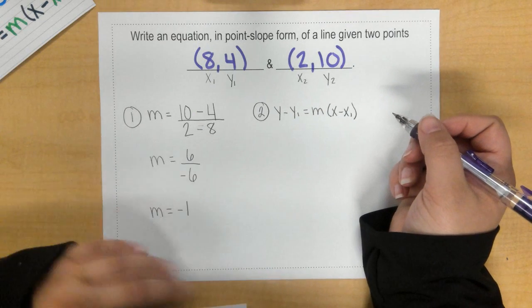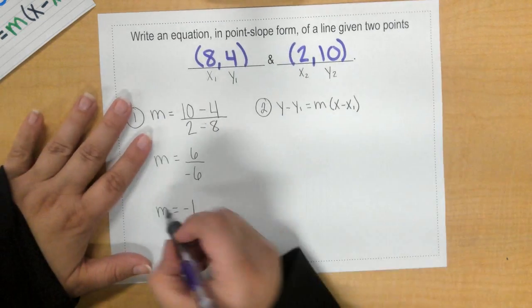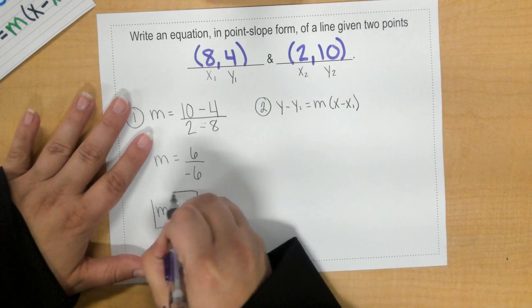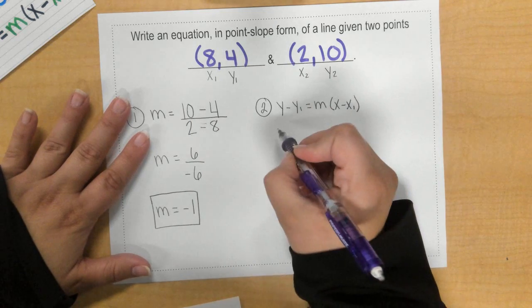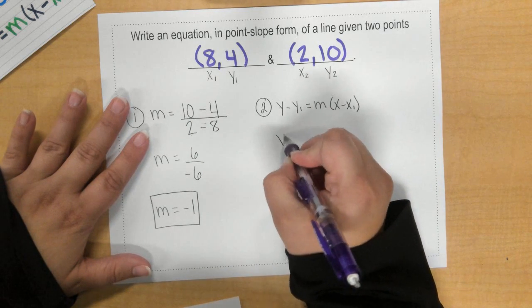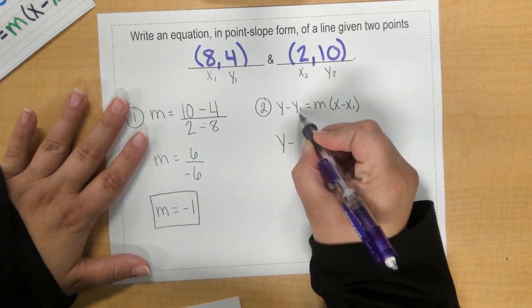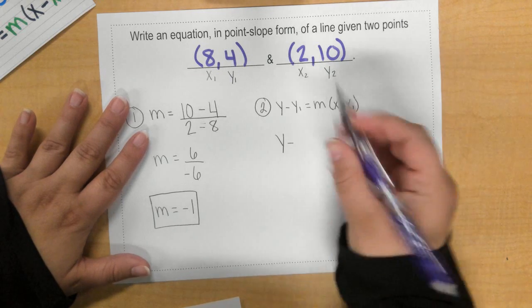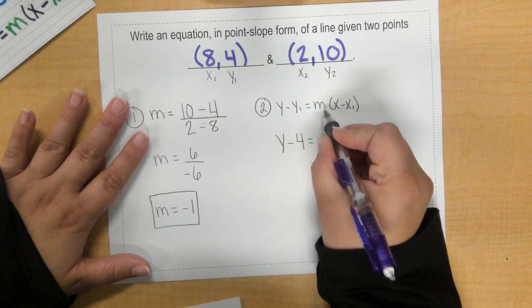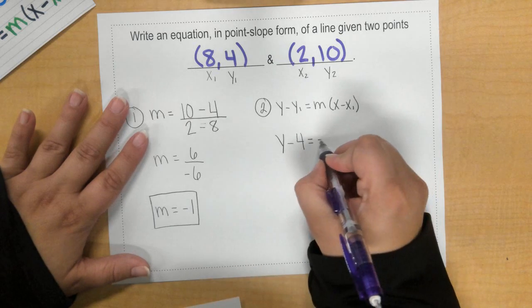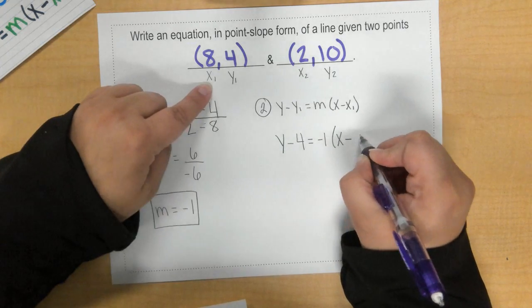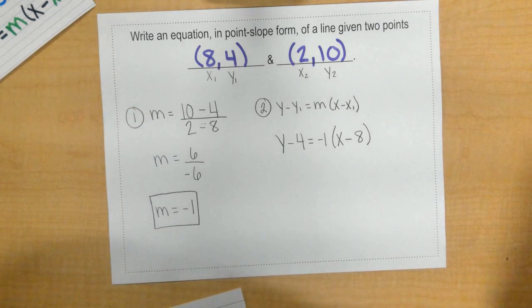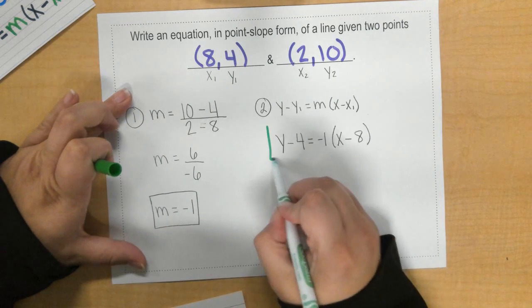I know that I need my m and I need this point. So now I need to start filling in. Y minus y1 is 4. Slope is negative 1. And then x minus x1, which is 8. This is my final answer.